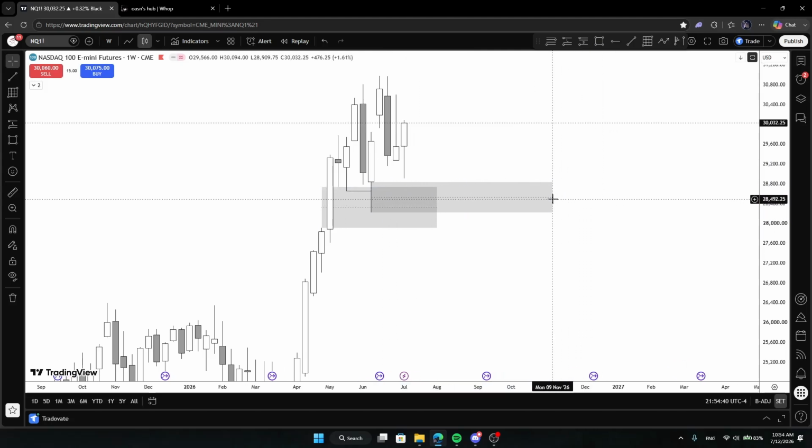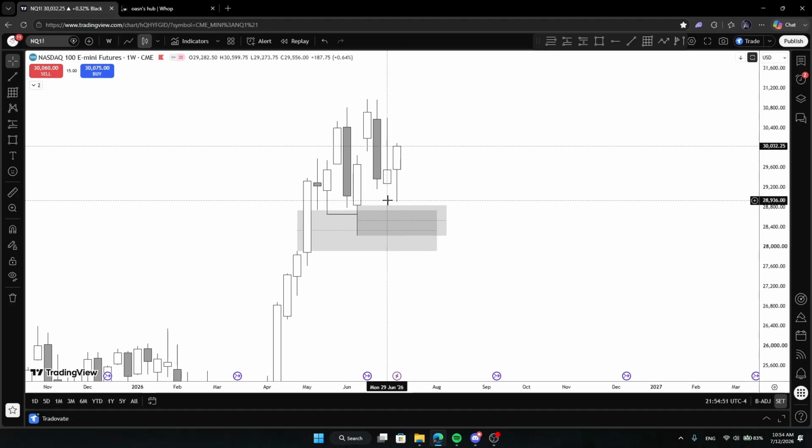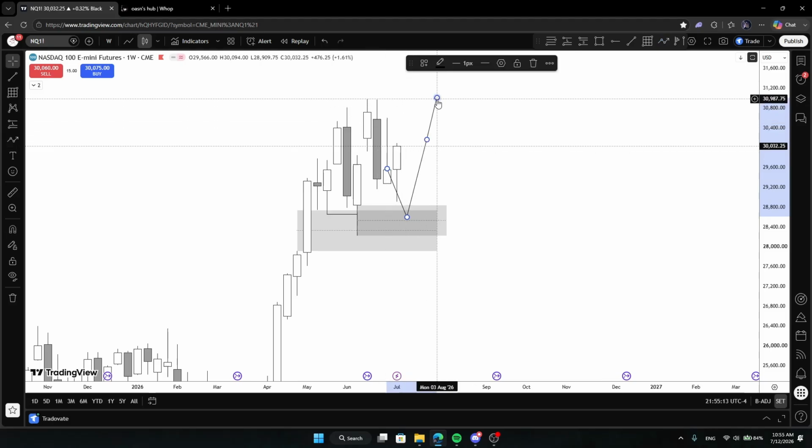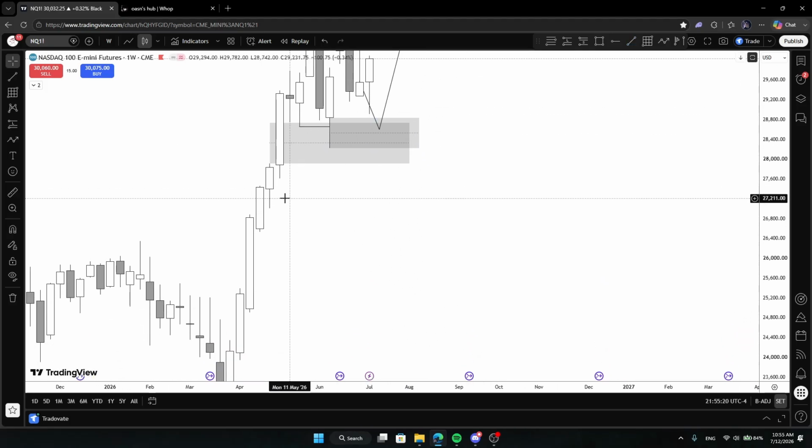This is a strong rejection block because we swept liquidity inside a fair value gap. So on the weekly time frame, we should look for the price to tap back in here and look for some bullish reaction. I could expect the price to come back to this high. So the monthly FVG down here might not get tapped as well. It might be unmitigated for it to come back later on.